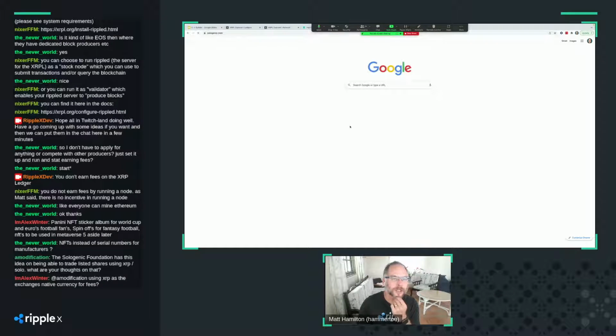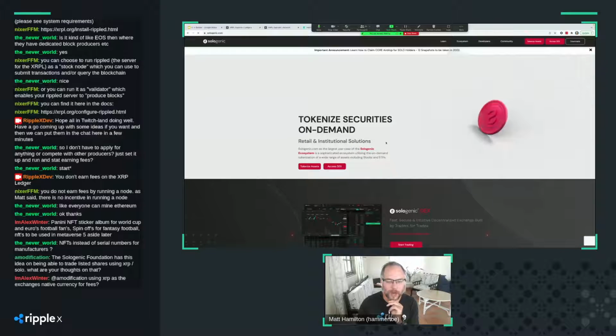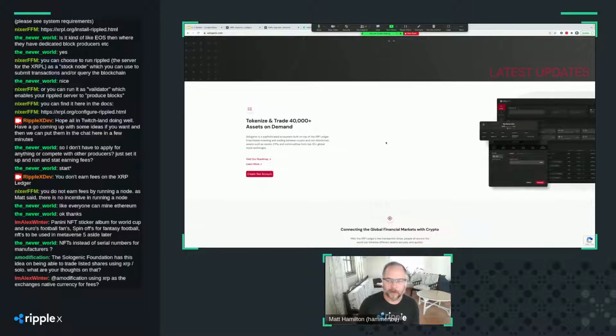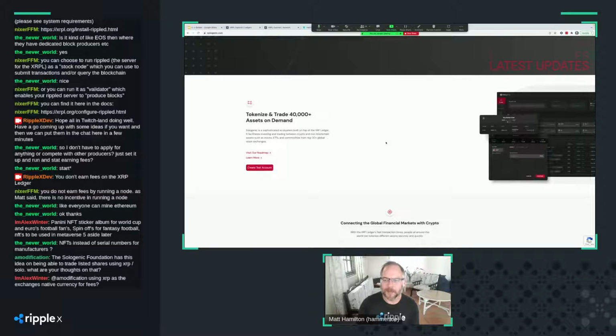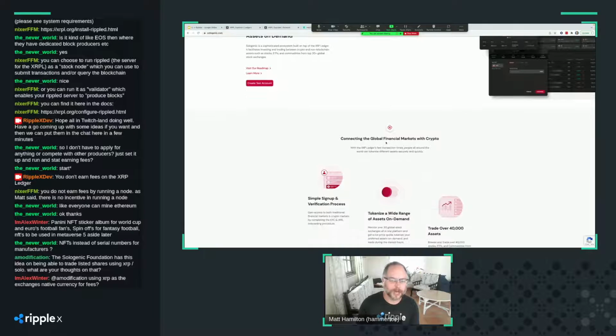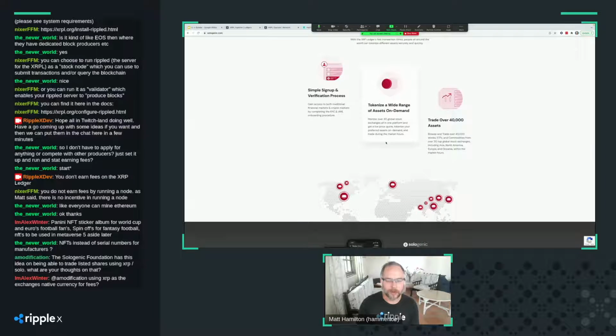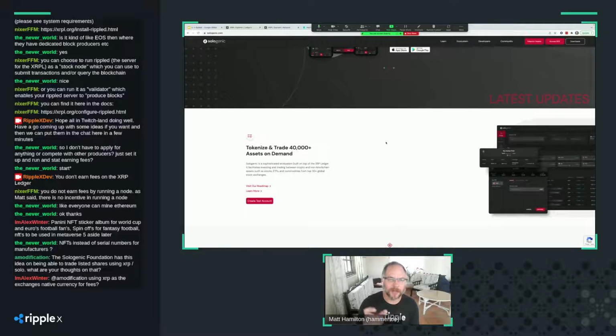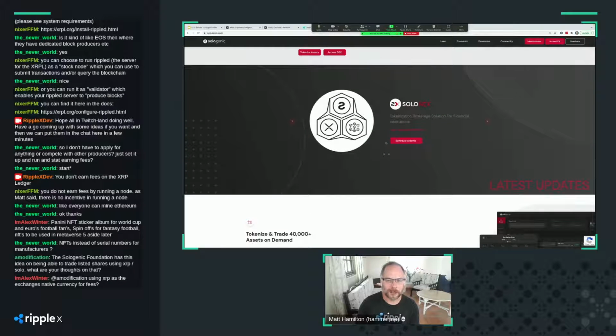They are tokenizing stocks and shares on the XRP ledger, and so you can actually buy fractionalized shares in various assets. So if you want to buy a part of a share in Tesla or Apple or whoever it might be, then you can actually buy that, and they represent those on the XRP ledger as well, which is pretty cool.